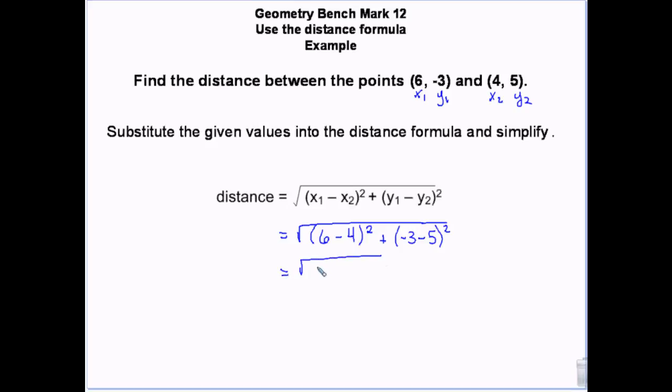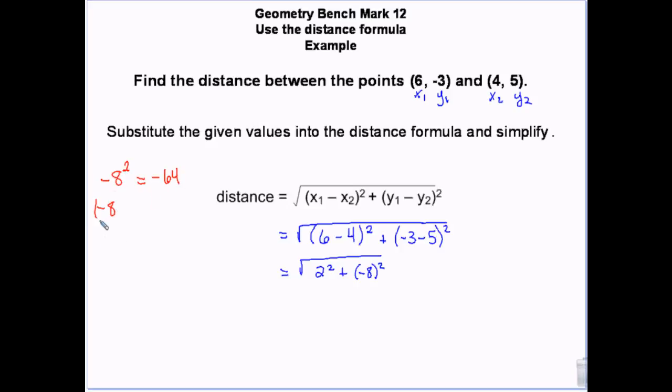So 6 minus 4 is 2, and negative 3 minus 5 is negative 8 squared. And I just want to do something off to the side here. Don't forget, it's important, see how I kept that in parentheses? It's important to keep that in parentheses because if the negative 8 is not in parentheses, this is negative 64.